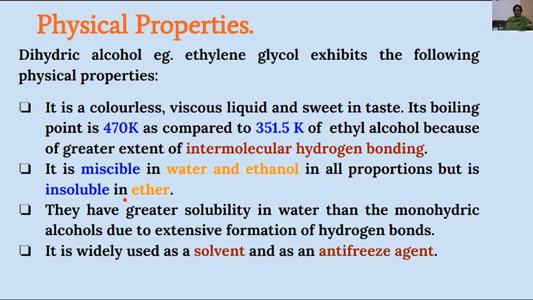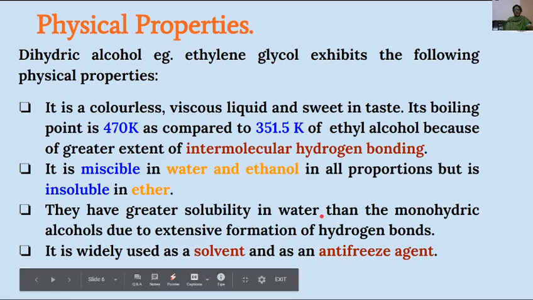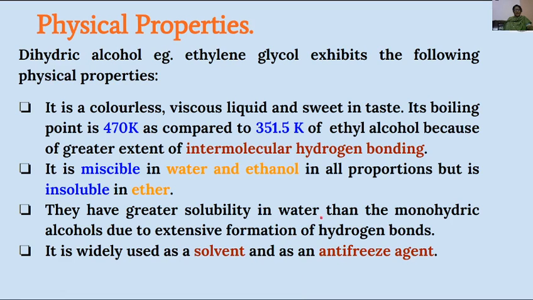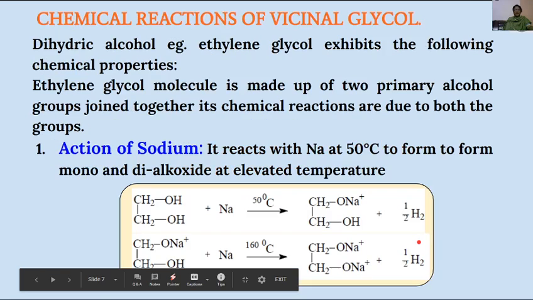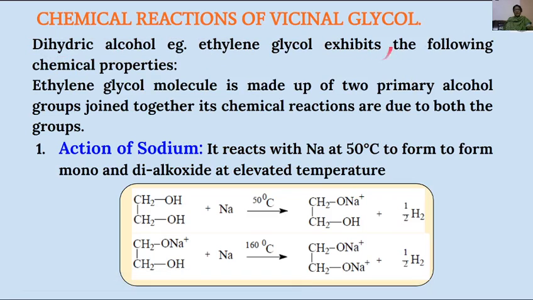Third property is its greater solubility in water, which is also due to the same reason, the extensive formation of hydrogen bonds. Ethylene glycol is widely used as a solvent and also as an antifreeze agent. Next we will discuss the chemical reactions of vicinal glycols.